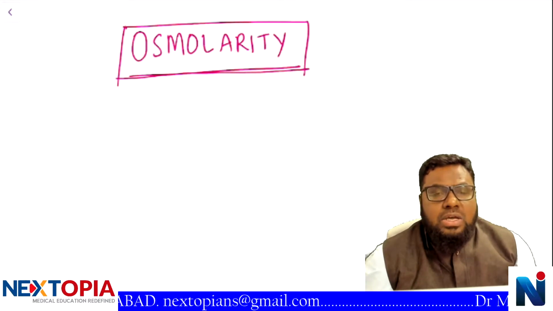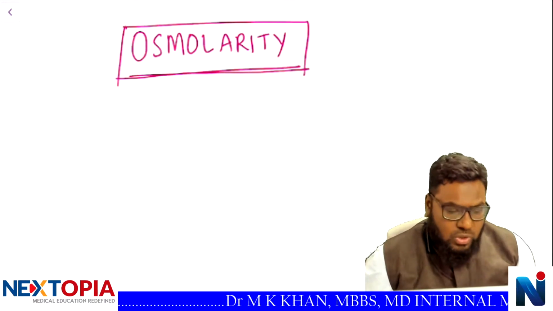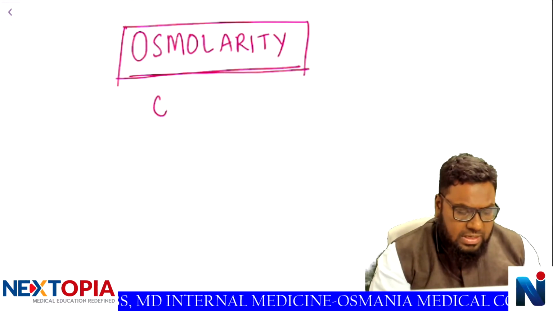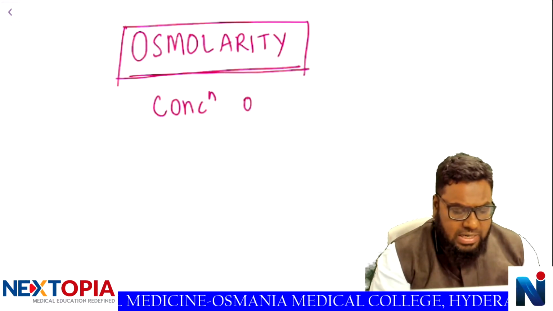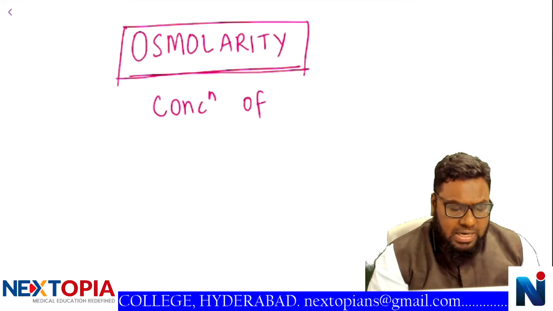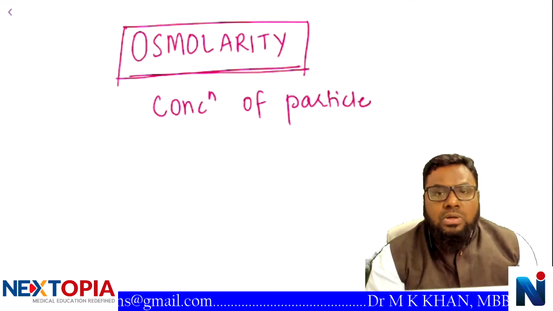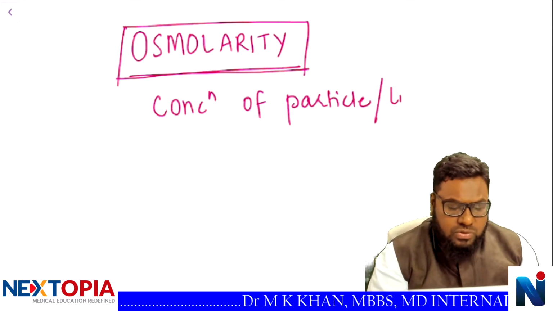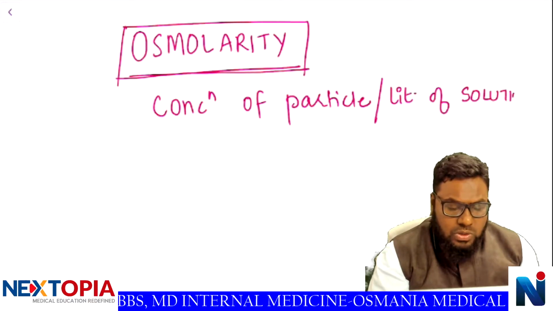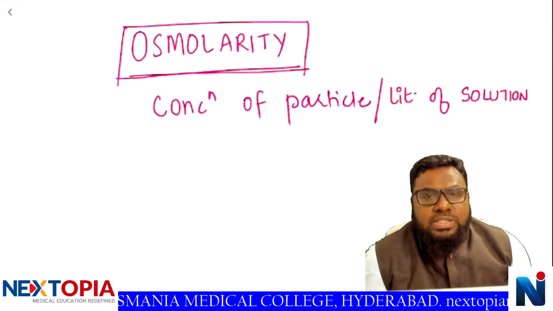Osmolarity is the concentration of a solute per liter of solution, or the concentration of a particular agent or particle, say glucose or some other particle, per liter of solution. So we have a solute and a solvent which makes a solution, as you have read in chemistry.